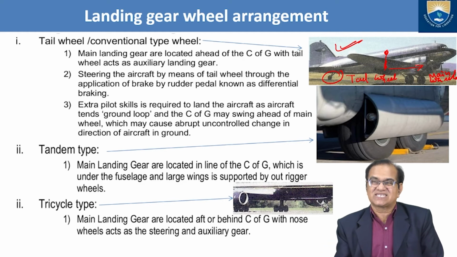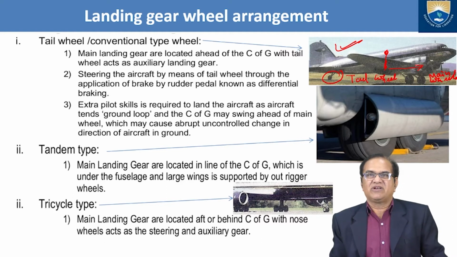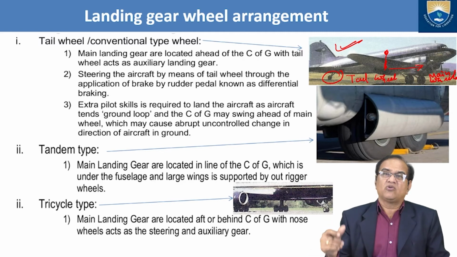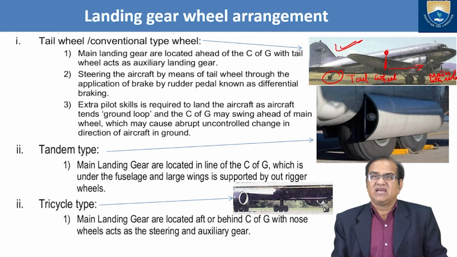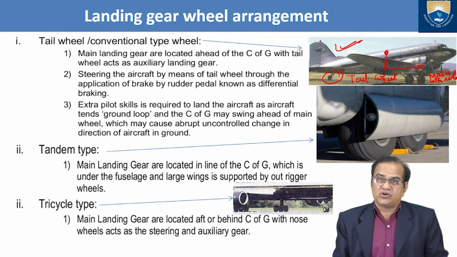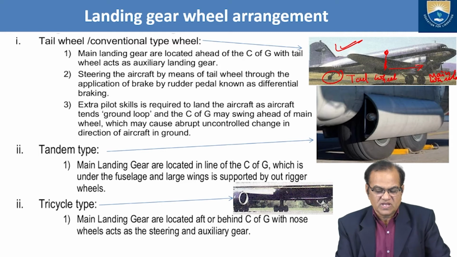The pilot needs extra skill because he is not aware of where the CG is. The aircraft will try to ground loop and the CG may swing ahead of the main wheel, which may cause uncontrolled change in direction of the aircraft on the ground. So this is for the tail wheel or conventional type of wheel.